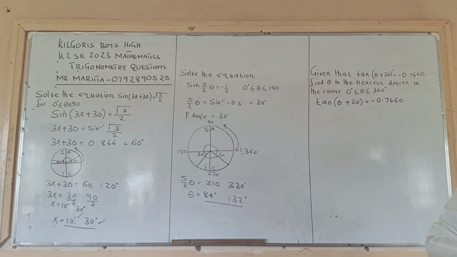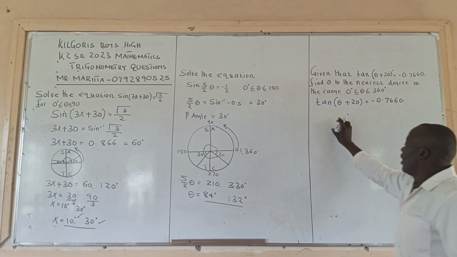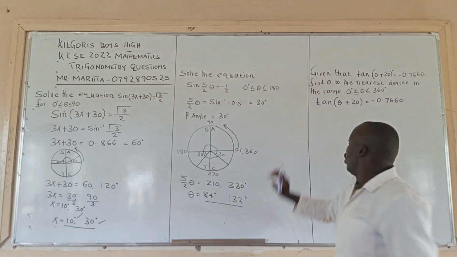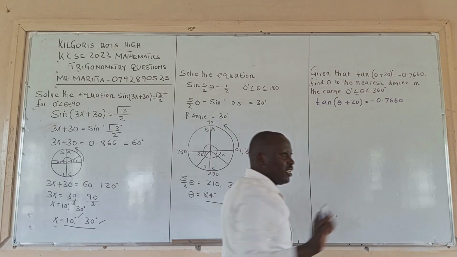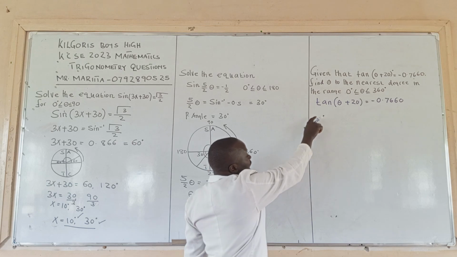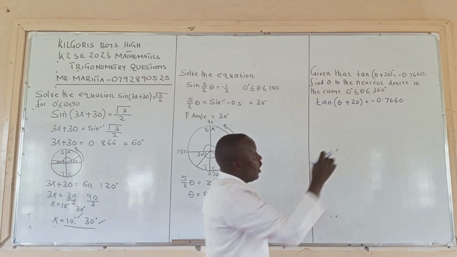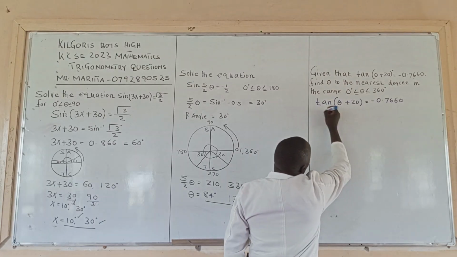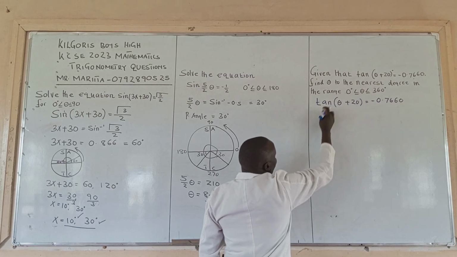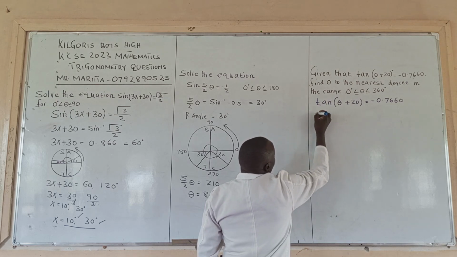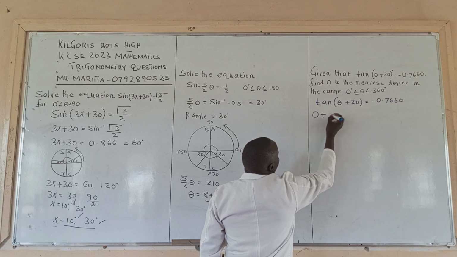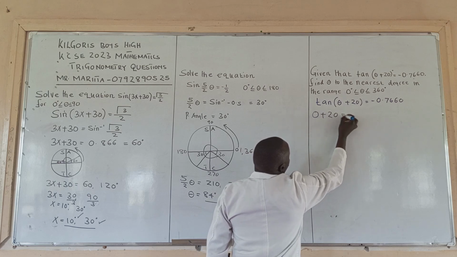The first step, as I've told you, is to find the tan inverse on both sides. If you find the tan inverse on both sides, the tan on this side will cancel out. So we remain here with theta plus 20, which is equal to P.